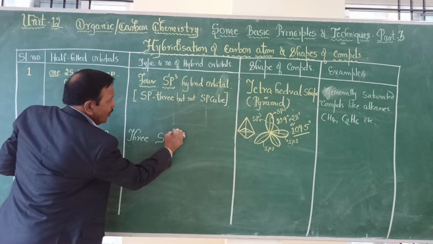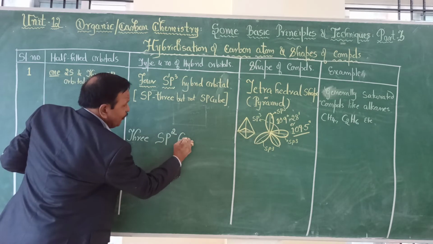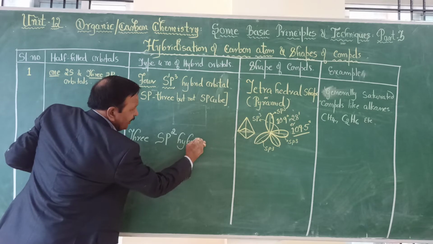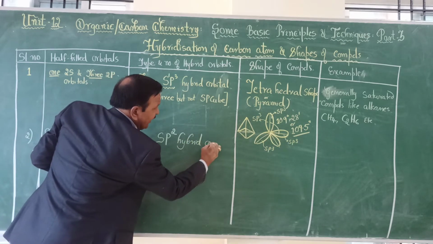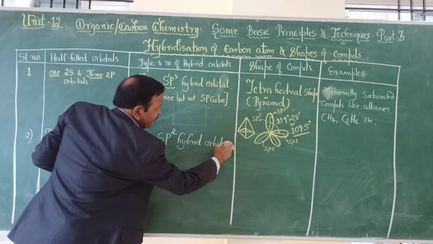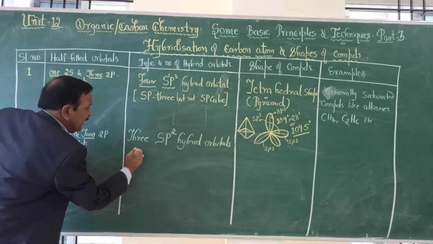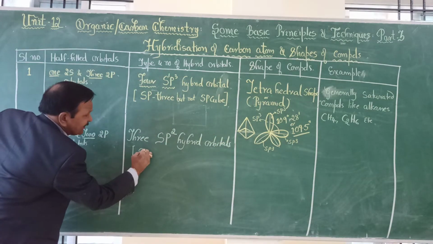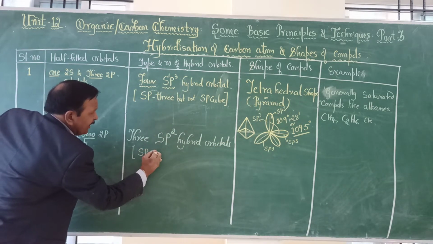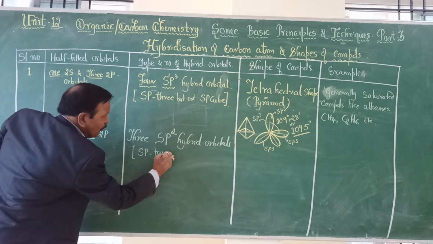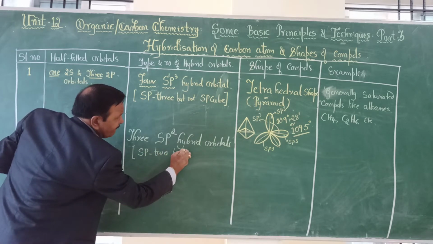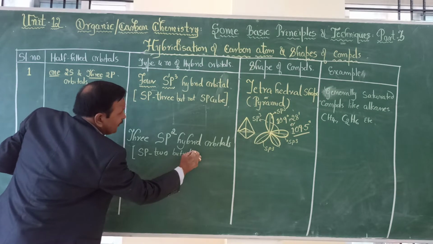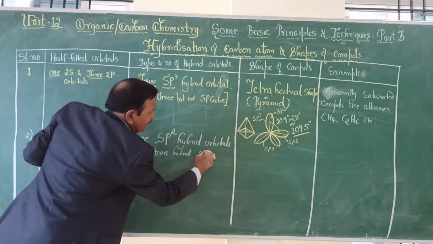We get sp2 hybrid orbitals. This should be read as sp2, but not sp square.